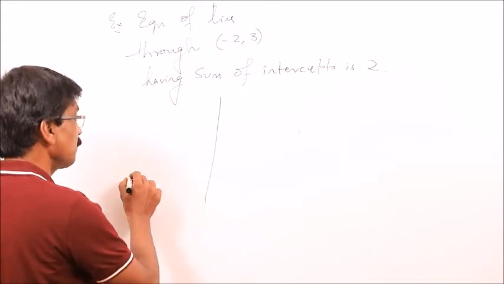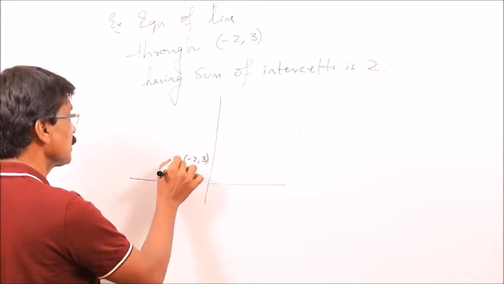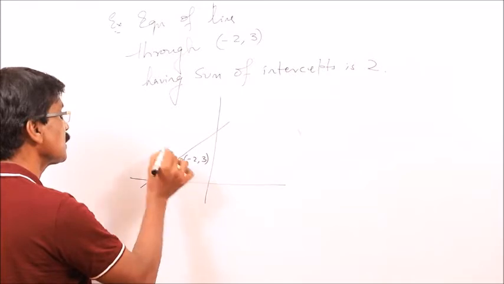That is, a line passes through the point (minus 2, 3) and whose sum of intercepts is 2.